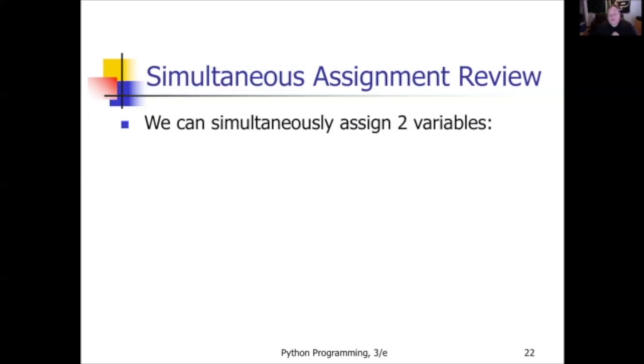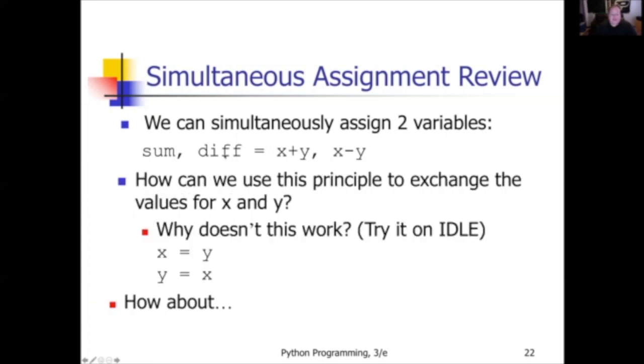So we can simultaneously assign 2 variables. So I could say sum, comma difference, that these are the variables on the left side, are assigned this value and this value. So the sum of X and Y is assigned to sum. The difference between them is assigned to diff. I can do that. And this is something that we did in the first homework assignment.